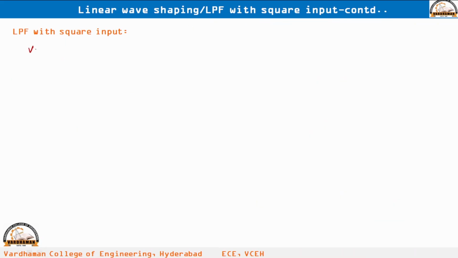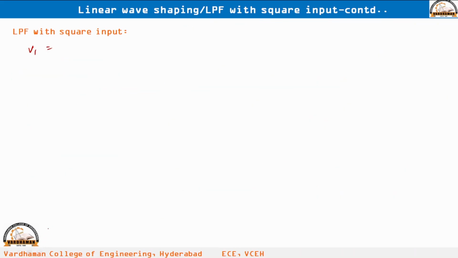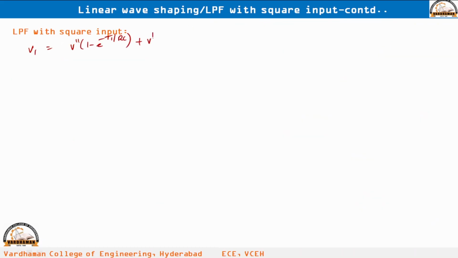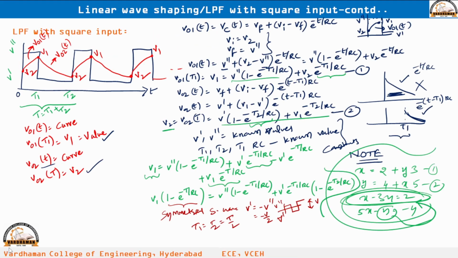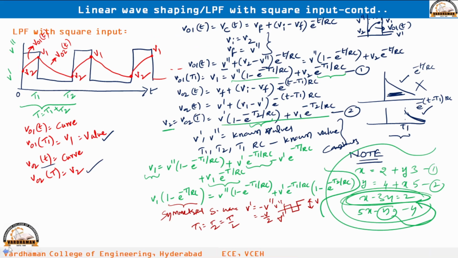So, V1 is equal to V double dash into 1 minus e power minus T1 by RC, plus V dash into e power minus T1 by RC, divided by 1 minus e power minus T by RC.